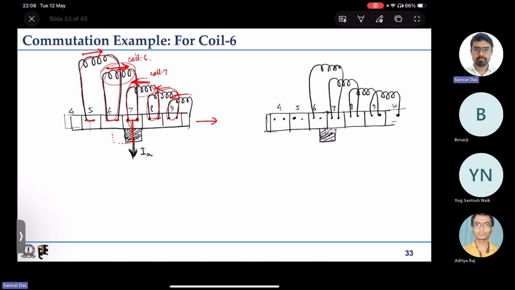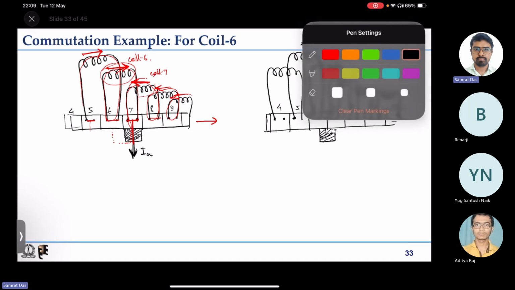And from the fifth one to the sixth one, right? So which one is our coil 6? This is our coil 6. This is our 5, this is our 7, or no, sorry, this is our 7, this is our 5, and like that. Now how will the current flow?